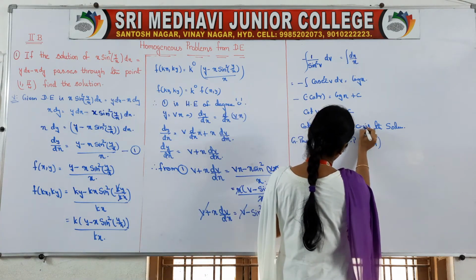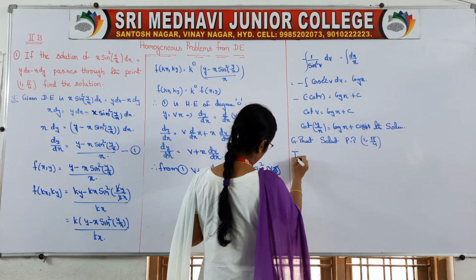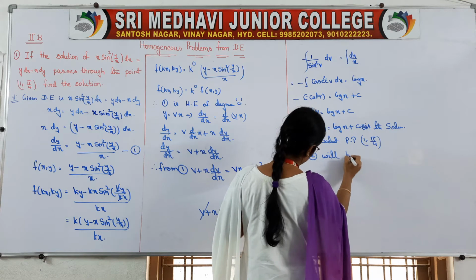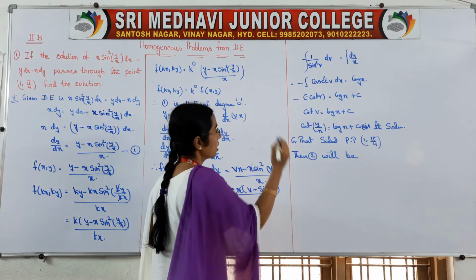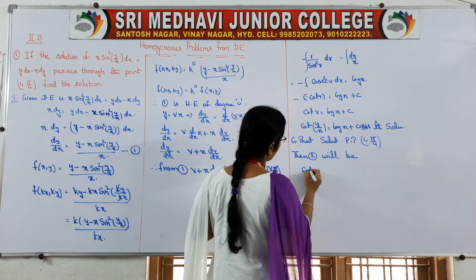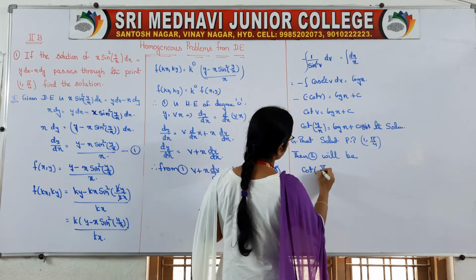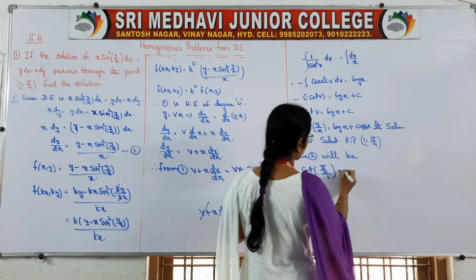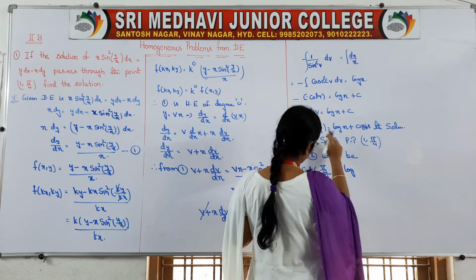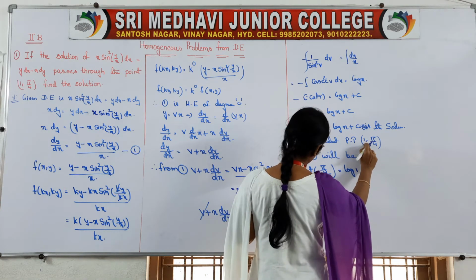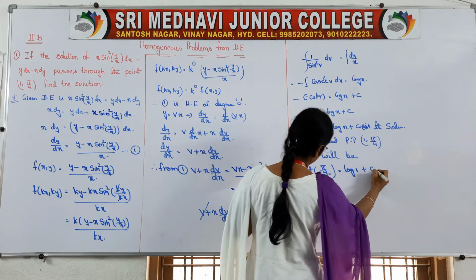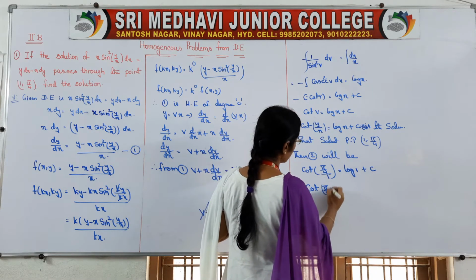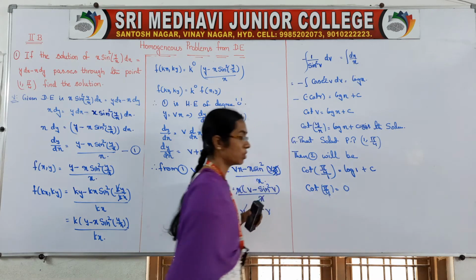So consider this as the second equation. Now what happens to our second equation? You substitute cot of, in y place pi by 4, in x place 1, is equal to log of 1, the x coordinate, plus C. So it is nothing but cot pi by 4, and log 1 value is 0.